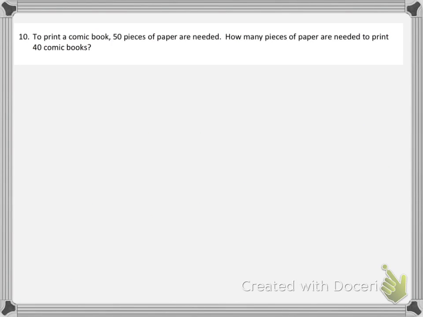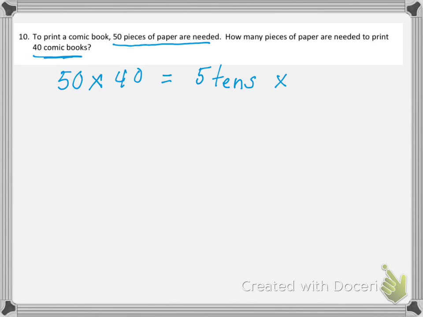Okay, our last problem tonight is to print a comic book. 50 pieces of paper are needed. How many pieces of paper are needed to print 40 comic books? Well, looks like we're going to be doing some multiplication. So this is 50 times 40. Well, what is that? 50 is really just saying 5 tens. 40 is really saying 4 tens.